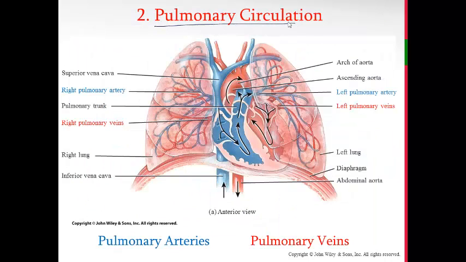Now, our pulmonary circulation, which we have seen before, let's just do a quick review, involves when you have deoxygenated blood coming back to your heart, for instance, from your superior vena cava back to your right atrium, from your inferior vena cava back to your right atrium, as well as from your coronary sinus.